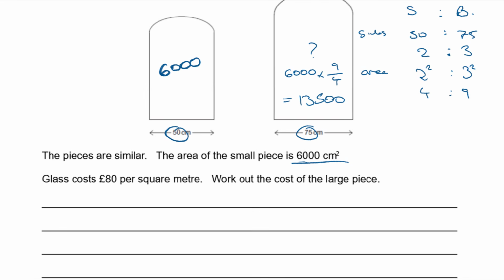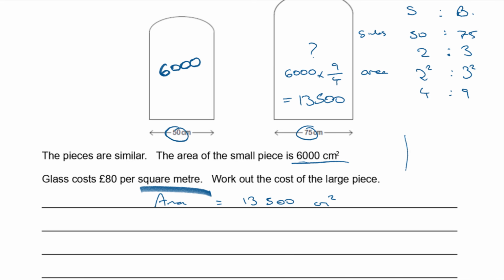Oh, we need to work out the cost though, don't we? So the area is 13,500 centimeters squared, but we want it in square meters. So how many square centimeters in a square meter?